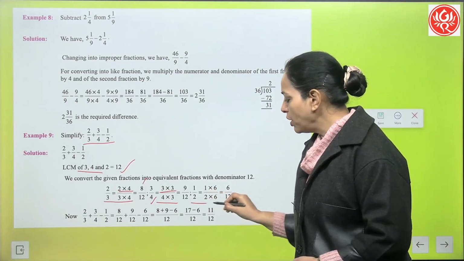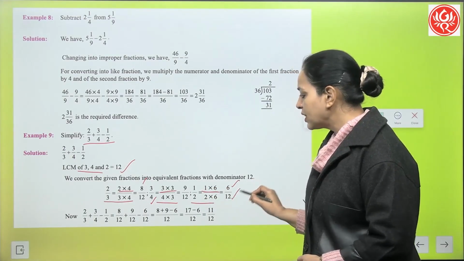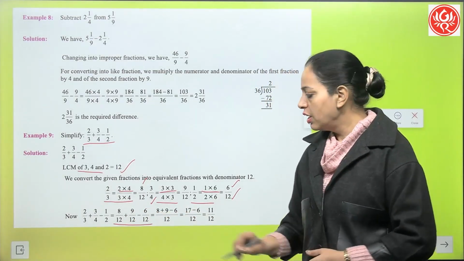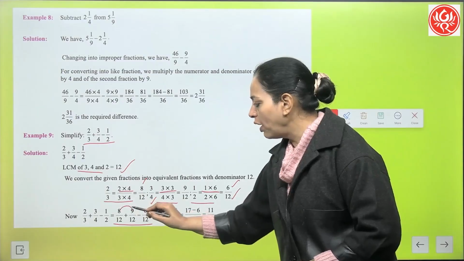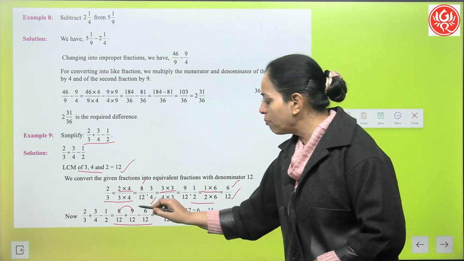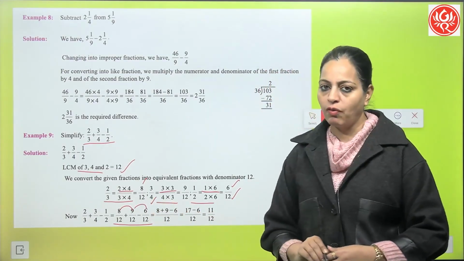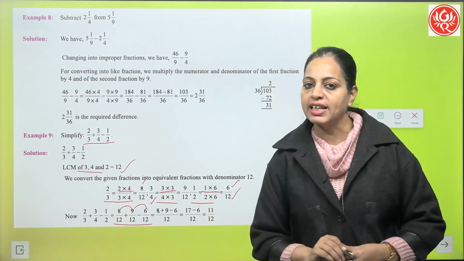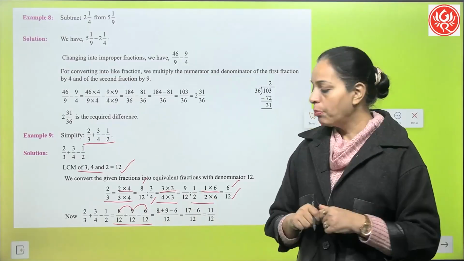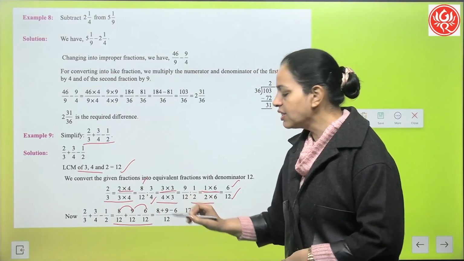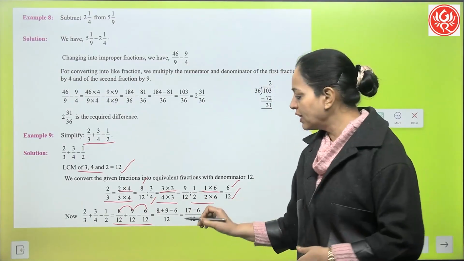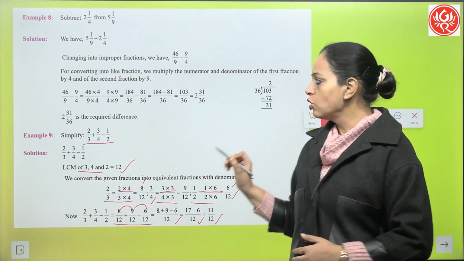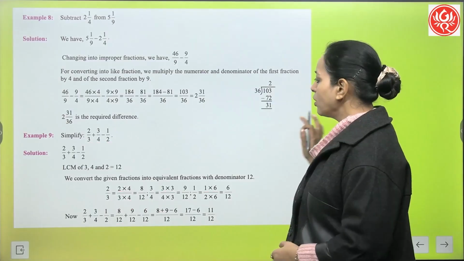Now 1/2 means 2 into 6, 1 into 6, 6/12. Substitute these values. Now 8/12 plus 9/12 minus 6/12. So 8 plus 9 minus 6 is the numerator. Perform the calculation, 8 plus 9 is 17, minus 6, that is 11/12. So I hope this is clear to you.